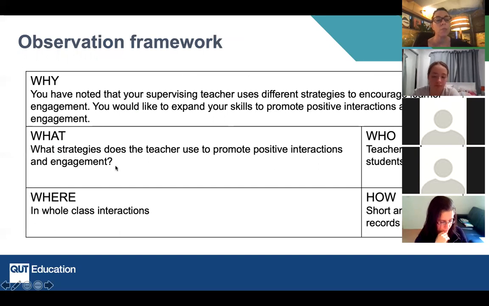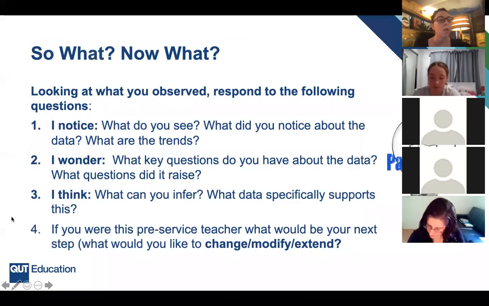So the main focus: what strategies does the teacher use to promote positive interactions and engagement? With that focus in mind, did anyone here do this observation?